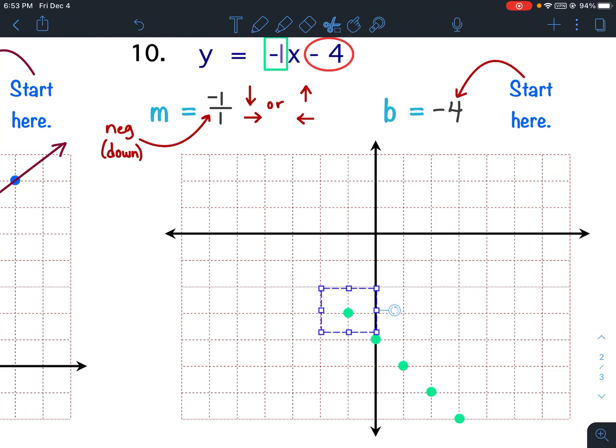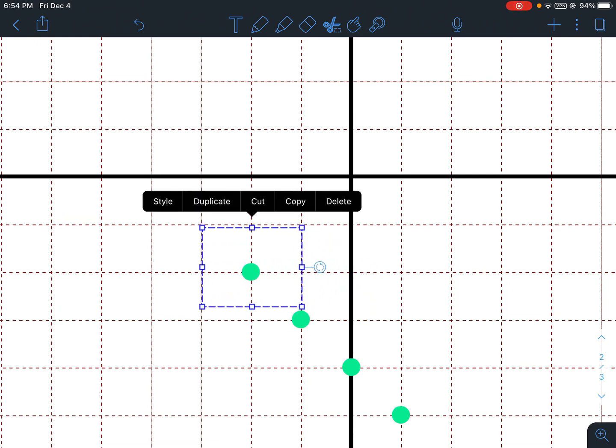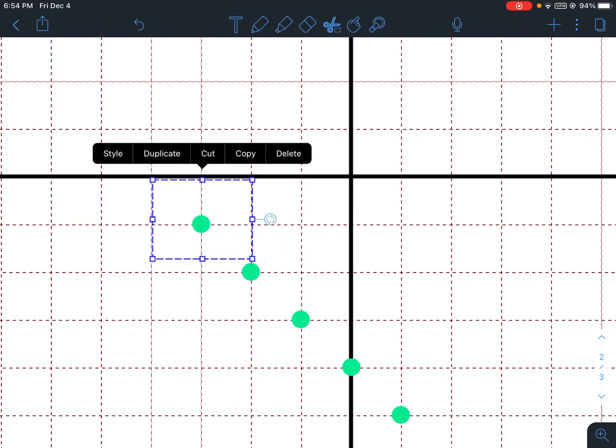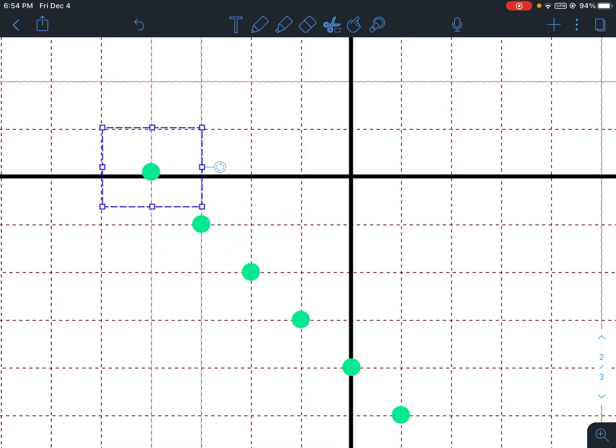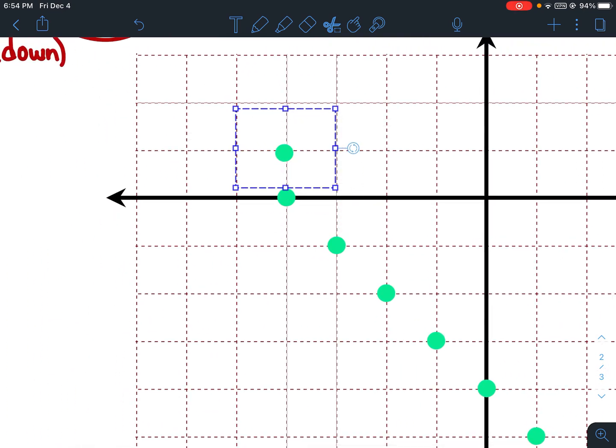Up 1 to the left 1. I'm going to zoom in a little bit. Again, up 1 to the left 1, and I keep going, up 1 to the left 1, until finally up 1 more to the left 1 more.